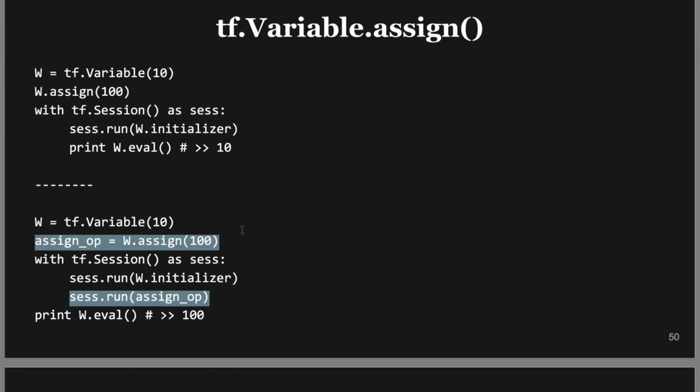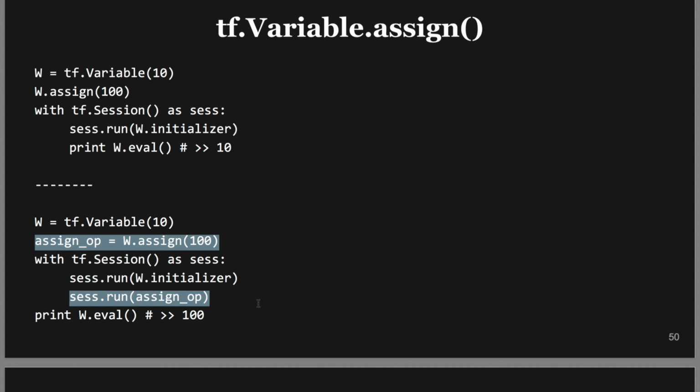So the way to do this would be, once you declare the variable tf.Variable(10), you come up with an assign op, w.assign(100). You would run the initializer, and then you would call the assign op on it.